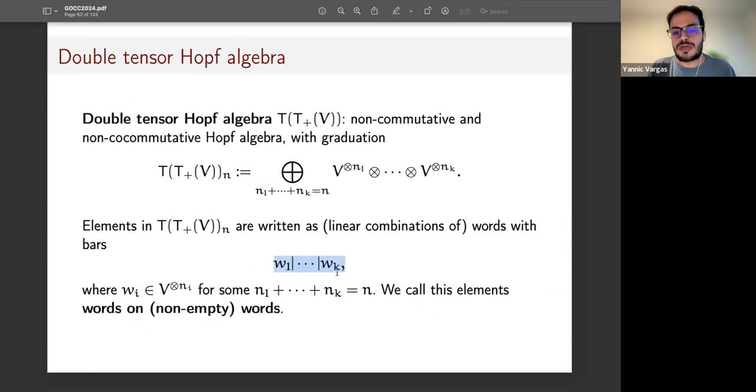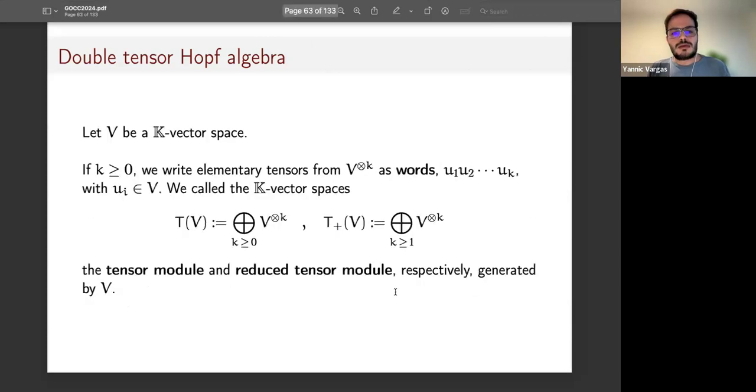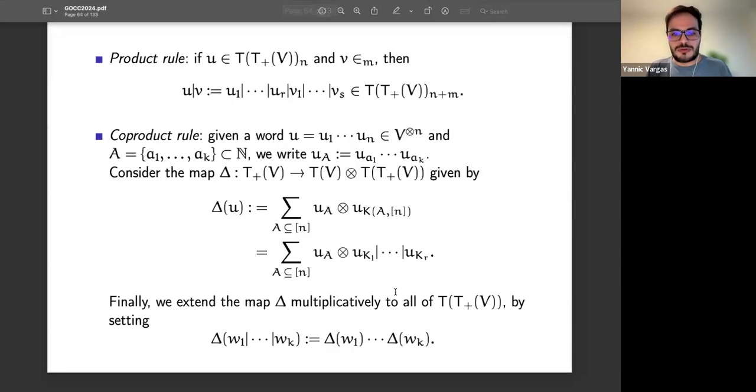Every W is a word of letters in your vector space, and then you form a big word on that, separating every word W by a bar. This bar refers algebraically to the external tensor product of this T here, and every internal W is a sequence of tensors with respect to this T. Let me just keep those two slides.